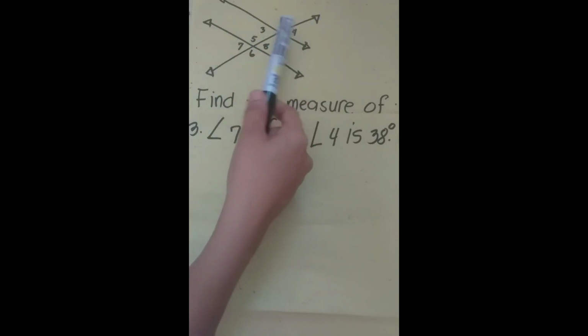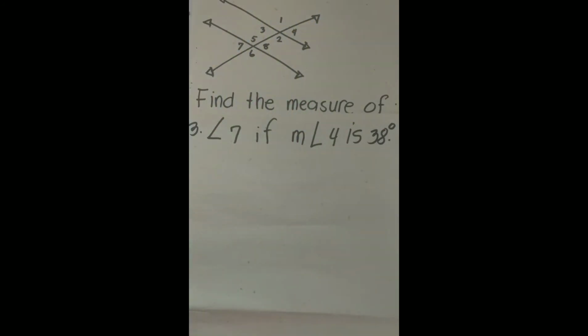They are alternate exterior angles. They are in the exterior, di ba? And they are alternate. So, let us recall that alternate exterior angles are congruent, meaning they have the same measure.